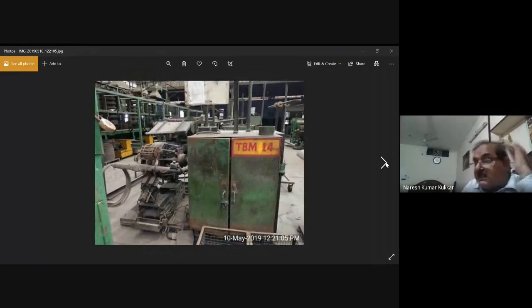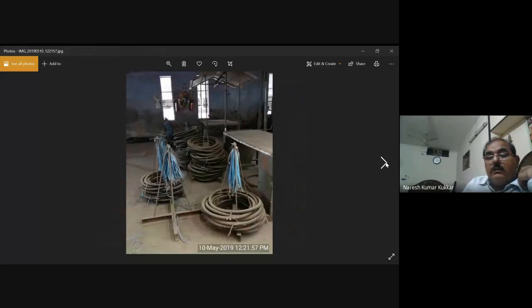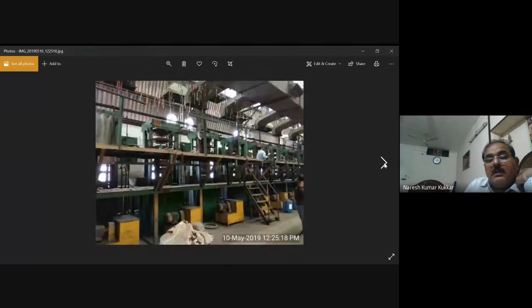Tire building machines. We have discussed rubber tire building machines. Now, this type of cycle tire rubber is created in curing presses. These are the curing presses. We have discussed this.